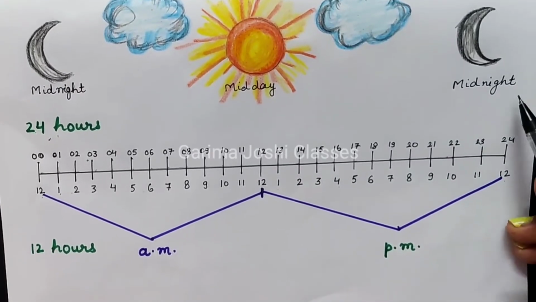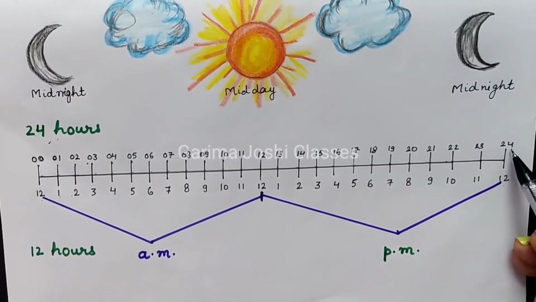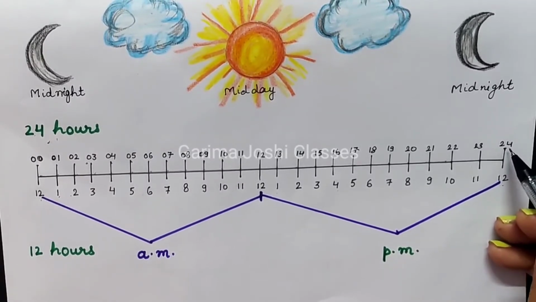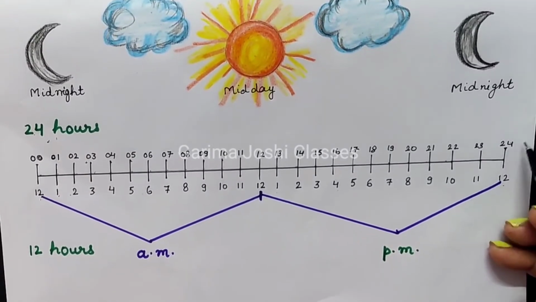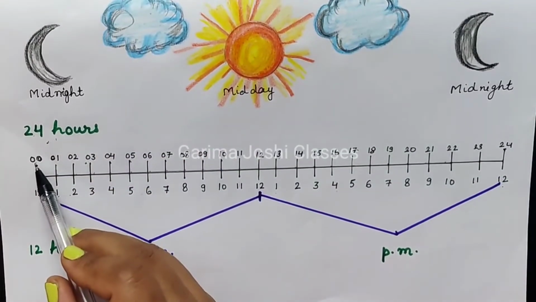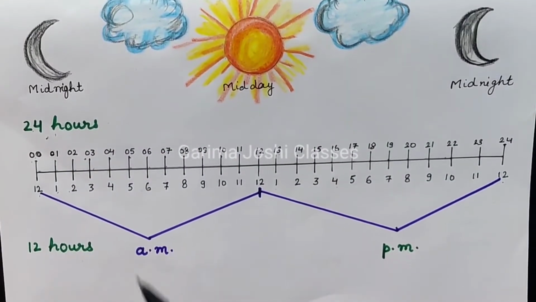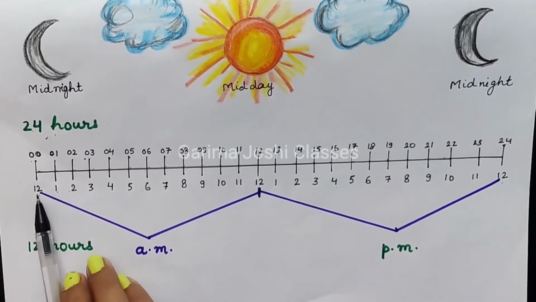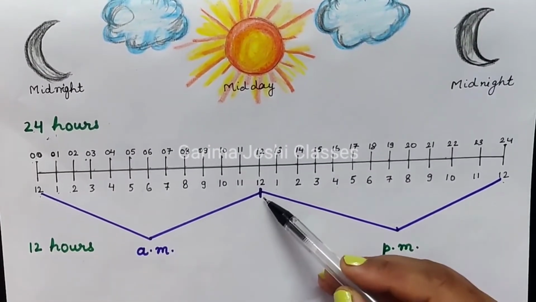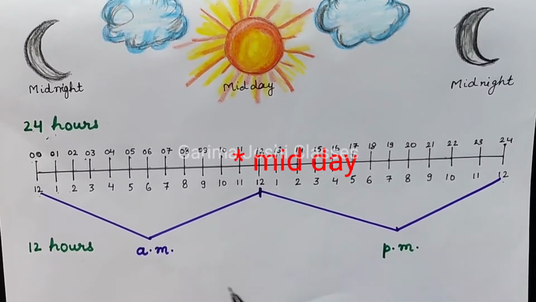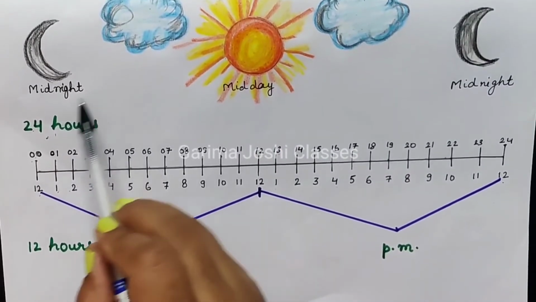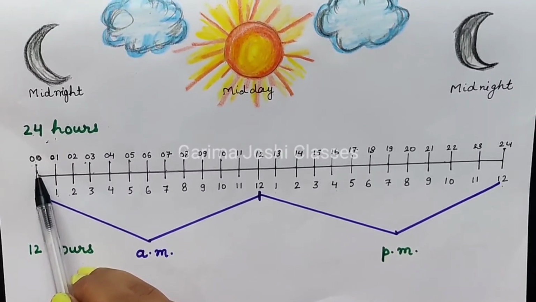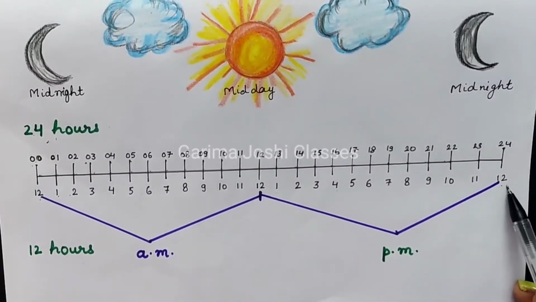Means 12 midnight is like 24. It resets at 24, means after 23:59 hours, it resets at 00. This is the main difference between 24-hour clock and 12-hour clock. 12-hour clock resets at 12 midnight, but the 24-hour clock resets at 00 midnight or 12 midnight.